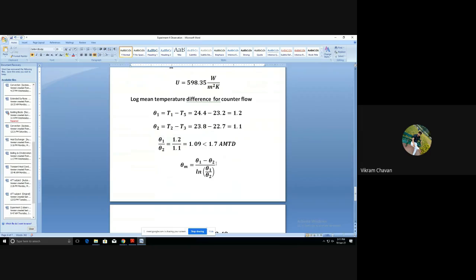We should not use the log equation; we take the average of theta 1 and theta 2.